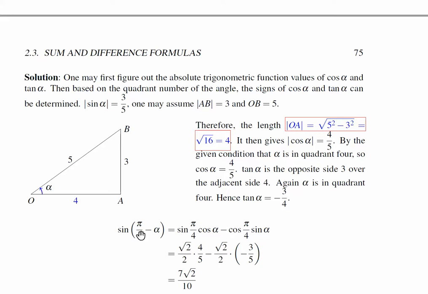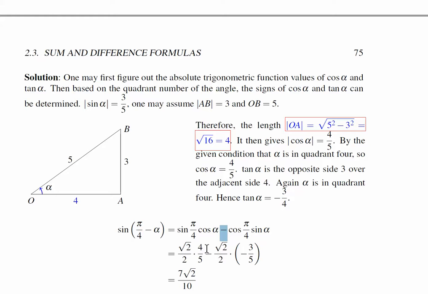The first angle is pi/4. The second angle is alpha. For sine, here is negative. Here we get negative as well. And then sine, cosine, cosine, sine: cosine the first angle, sine the second angle.